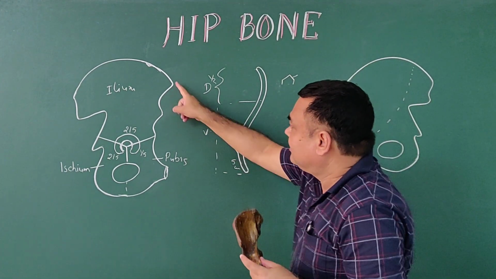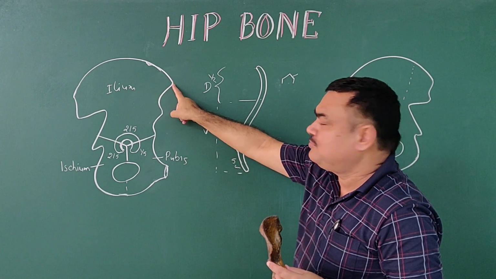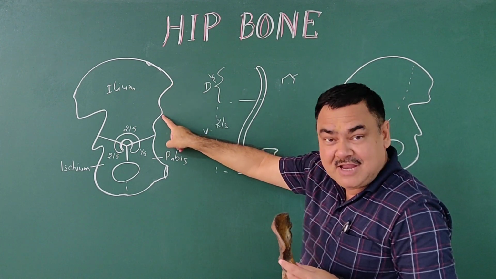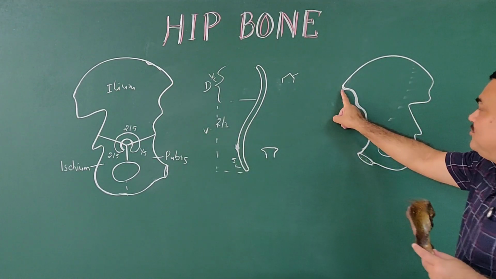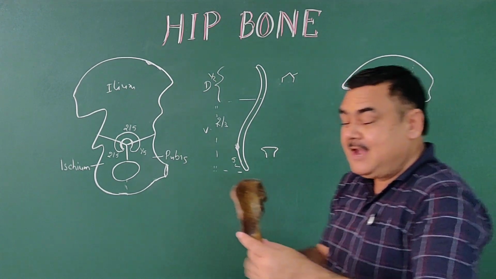This is the anterior border from here to here. Now the posterior border.